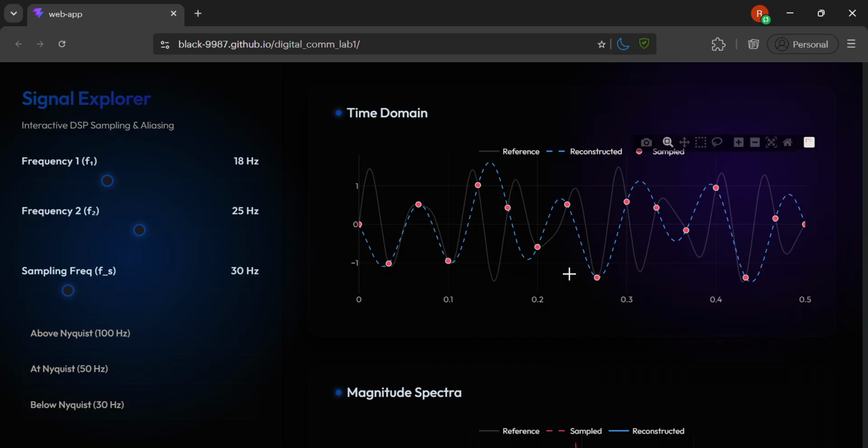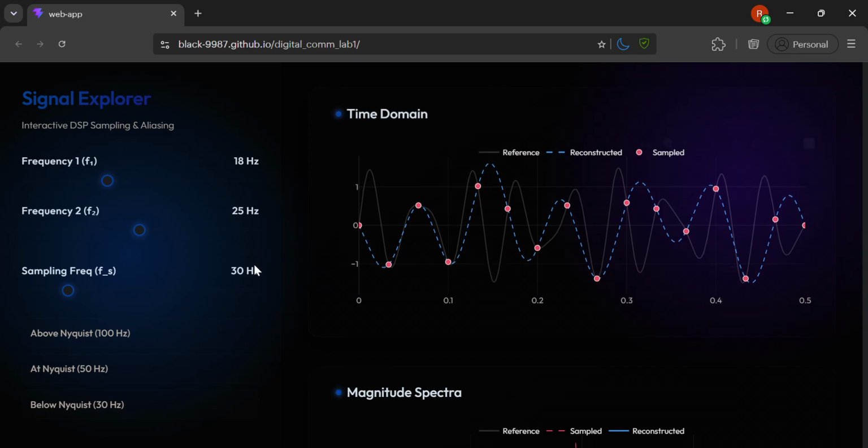This is caused by aliasing. Below the Nyquist level, the sampling pattern changes significantly. Spectral overlap occurs and aliasing causes the original frequencies to appear as different frequencies.